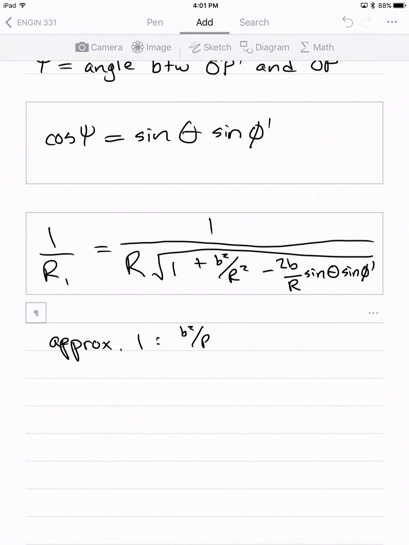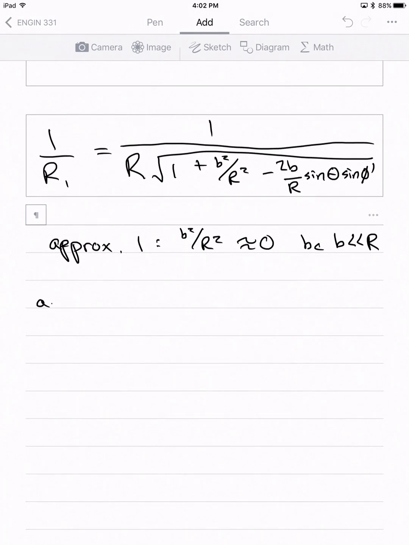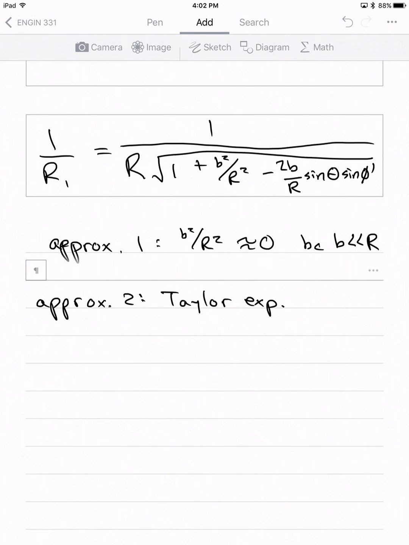All right, so approximation number 1: b squared over R squared is approximately 0 because b is much less than R. We're all okay with that. We're just going to get rid of it. Approximation number 2 is we're going to use the Taylor expansion for 1 over square root of 1 plus x.